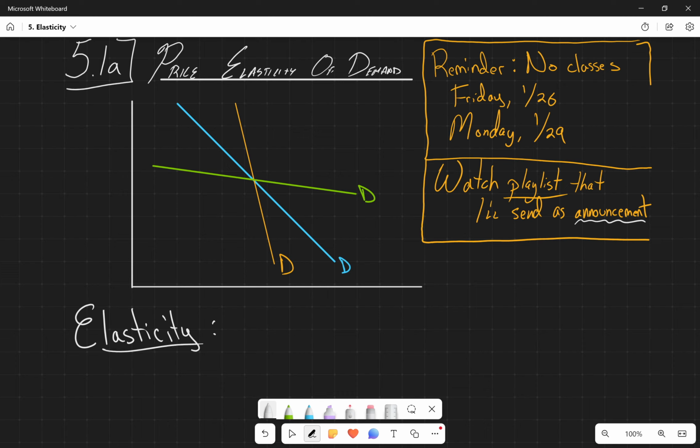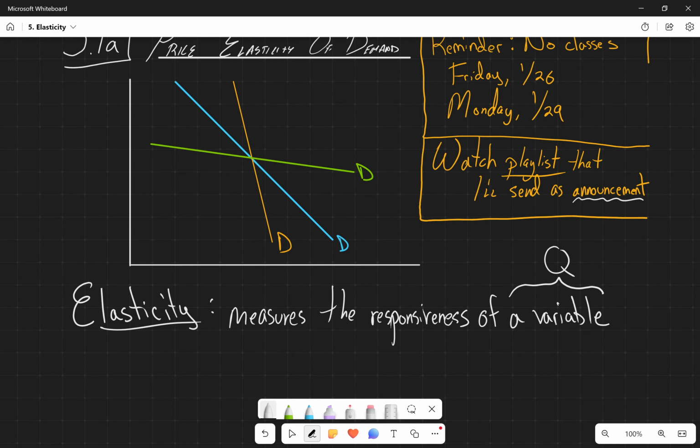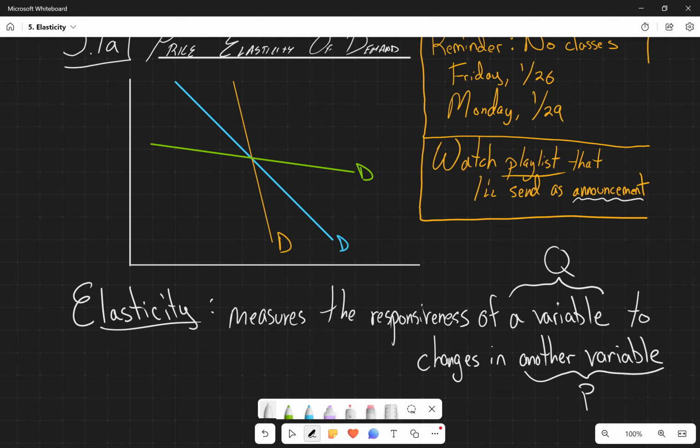Elasticity is an economic concept that measures the responsiveness of one variable, in this instance quantity, to changes in another variable, and that's going to be price.